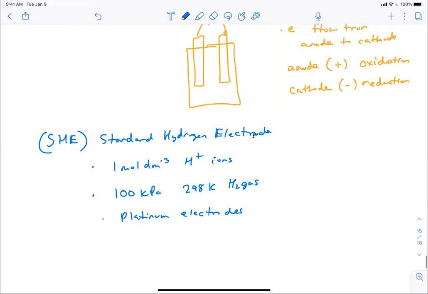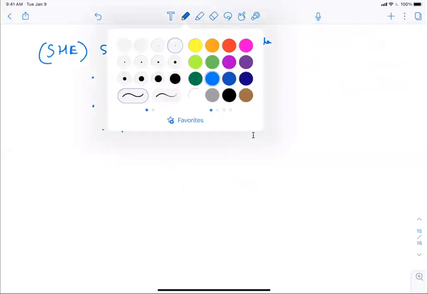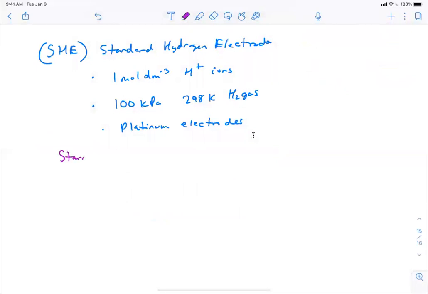So know those characteristics, because those characteristics lead us to the standard electrode potential. Not standard hydrogen, standard electrode potential.